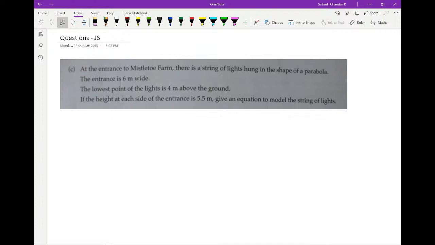Why don't you try and do this? Whoever this person was, I need to let them know that I'm doing the question here. So I'm going to give you guys a few minutes. Just have a read through the question, draw the diagram, and then get me the equation for this, all right?